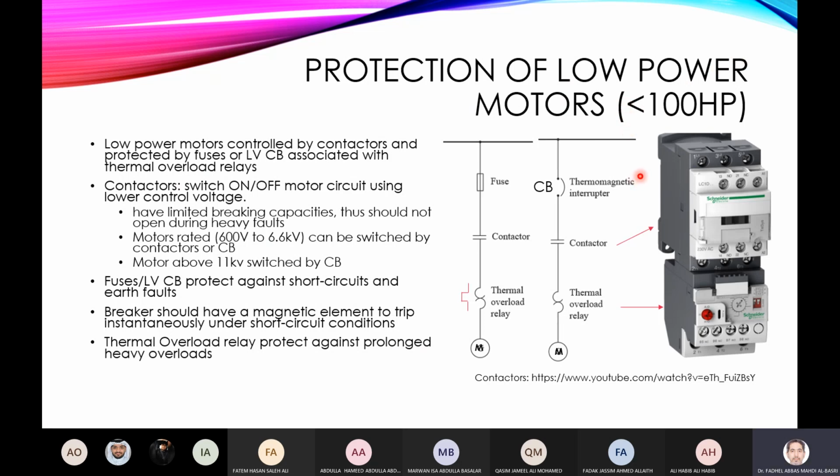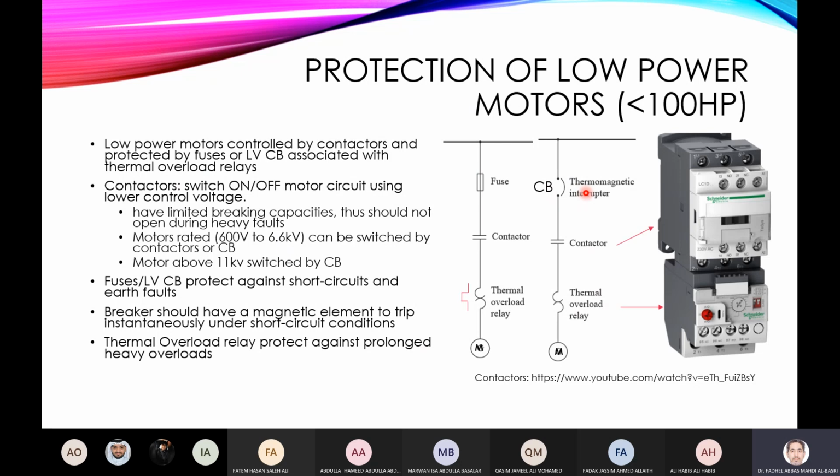Now, for those motors, normally, because they are smaller and not costly, you don't provide a sophisticated protection system. Mostly motors that are low voltage and less than 100 HP are protected by a thermal overload relay and a fuse, or a thermal overload relay and a low voltage breaker.